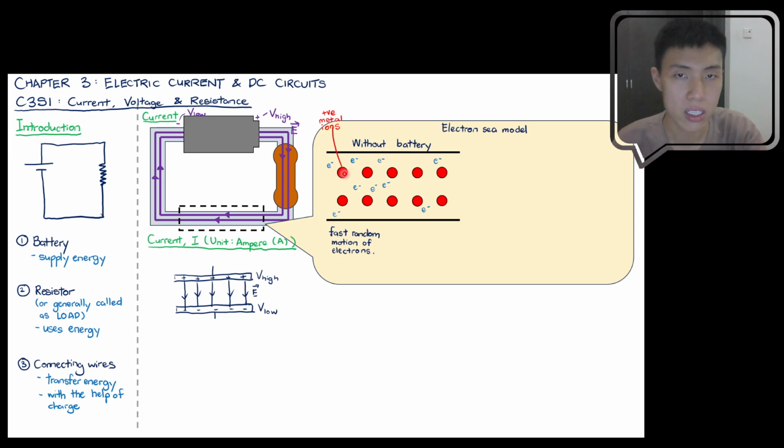But what happened is now you have these positive ions over here. Actually, the electrons don't really move faster and faster. They just move around, just like gas particles in a gas container. They just move fast and random. Even if you remove all these positive ions, they will still move fast and random, just like gas particles in a gas container. But we know that there's a lot of positive ions in these connecting wires.